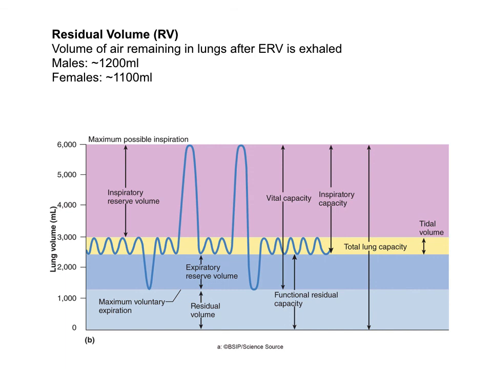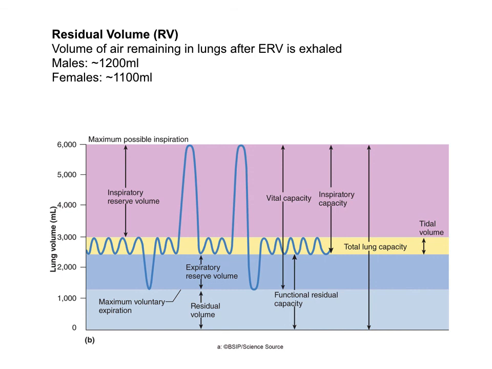Residual volume is the air remaining in your lungs after you have forcefully exhaled your entire ERV. Residual volume is air you will never, ever be able to exhale. Once you take your first breath at birth, this volume is in those lungs. You can never remove it.